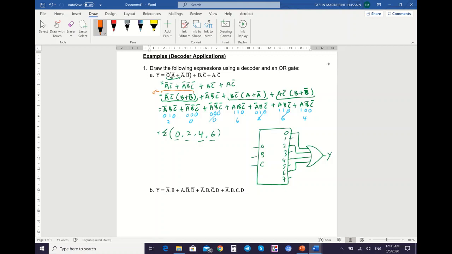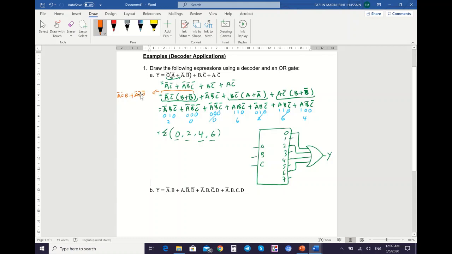You will get A bar, C bar, and B plus A bar, C bar, and B bar. So this is how you expand, but not following the sequence of the variables. You just follow this product term: A bar and C bar and B, A bar and C bar and B bar.